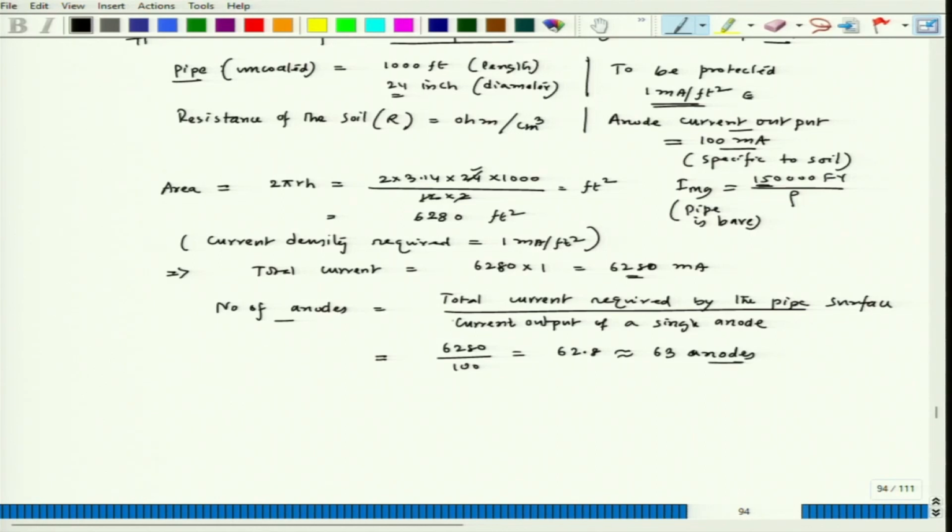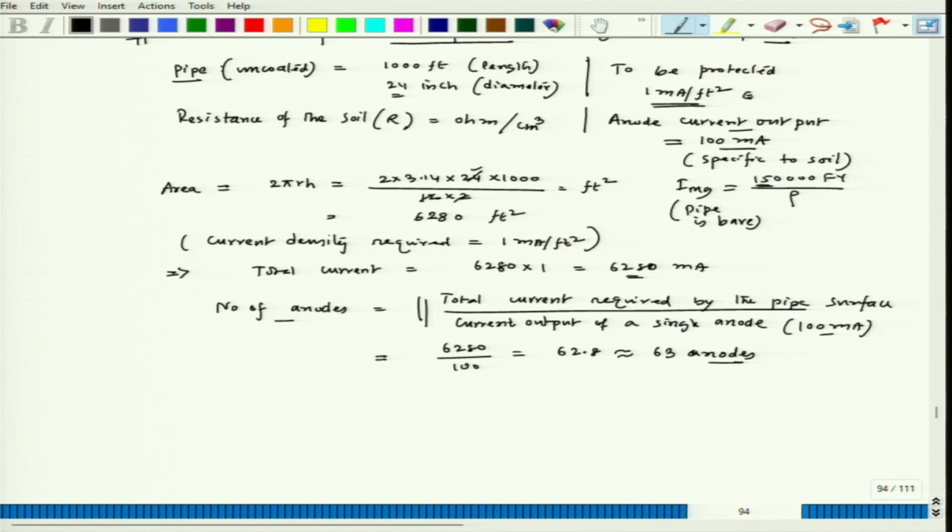Remember when we use this formula, this 100 milliampere current output is for a single anode. If we use multiple anodes and put them at different distances, let us say 5 feet, 10 feet or 15 feet, there should be some correction factors, but roughly those correction factors can be taken as the same as the number of anodes. For example, if we use 4, the correction factor also becomes 4.